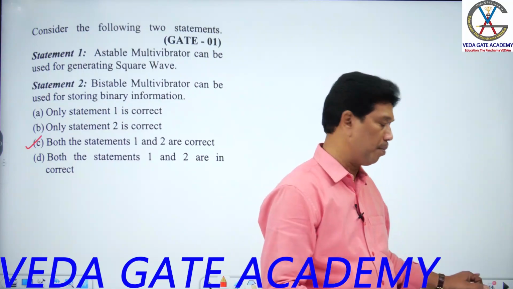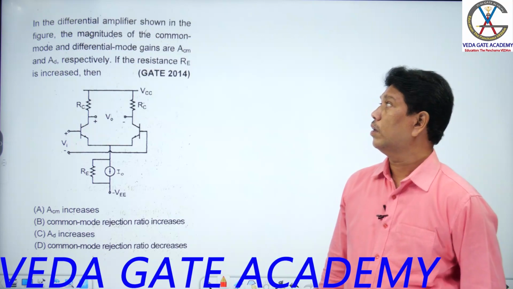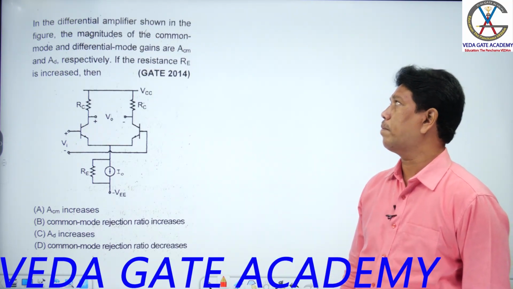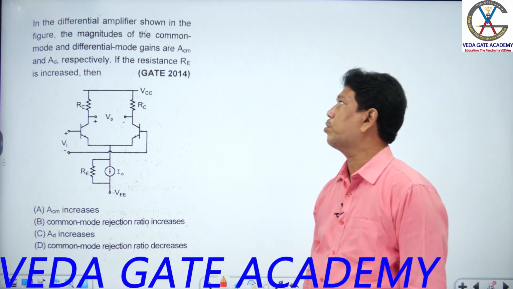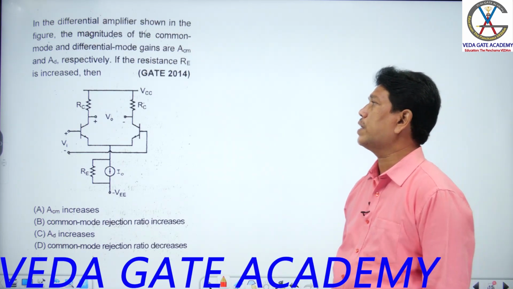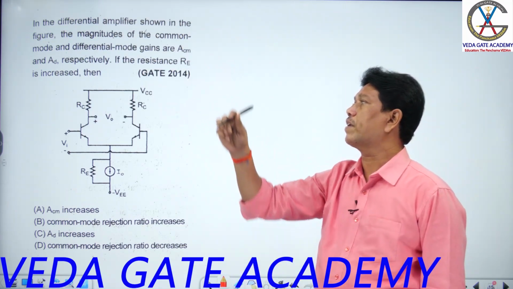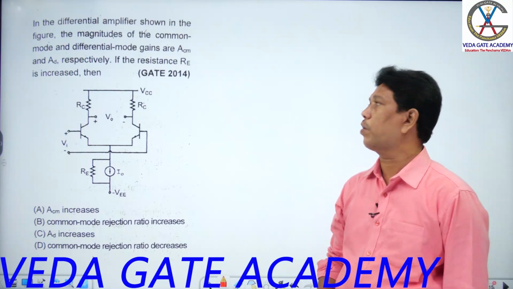So the next one, students. In the differential amplifier shown in the figure, the magnitudes of the common mode and the differential mode gains are ACM and AD respectively. Common mode gain is ACM, differential gain is AD.